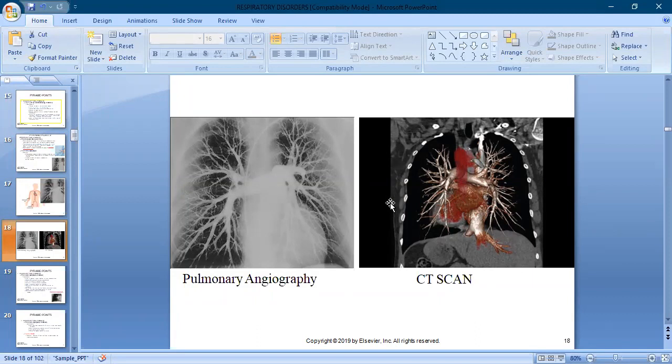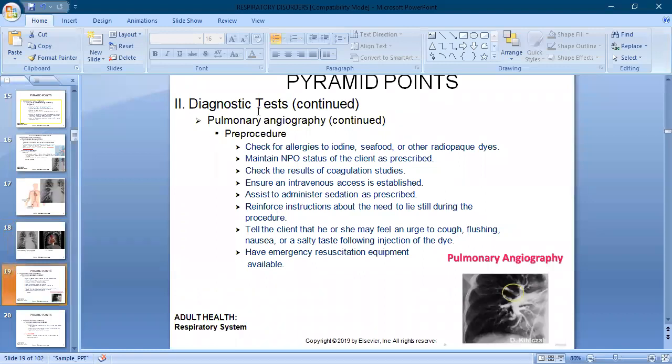And here showing the CT scan. CT scan views the substructure very visually, right? So here showing pulmonary angiogram pre-procedure and after procedure.